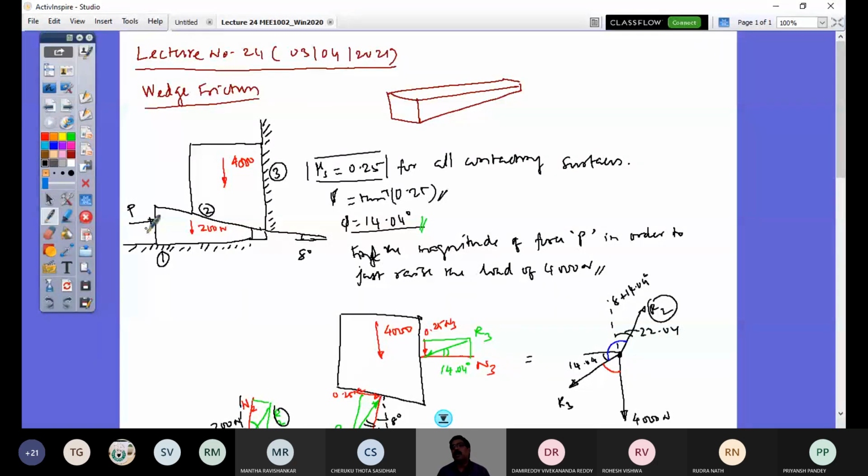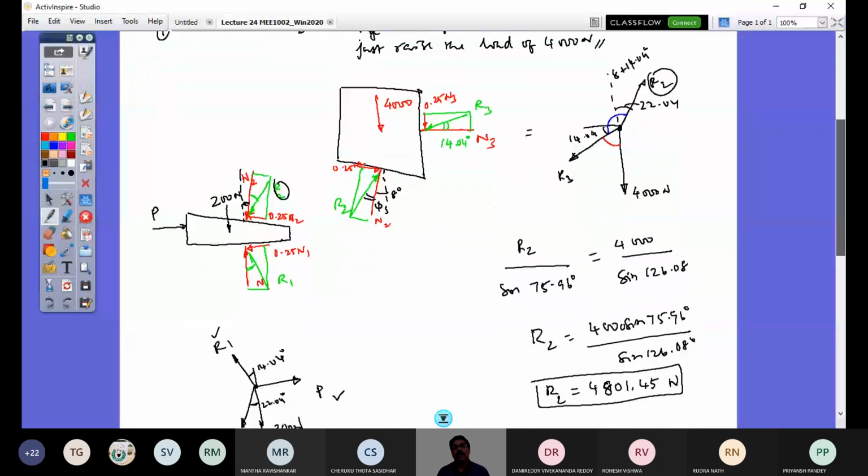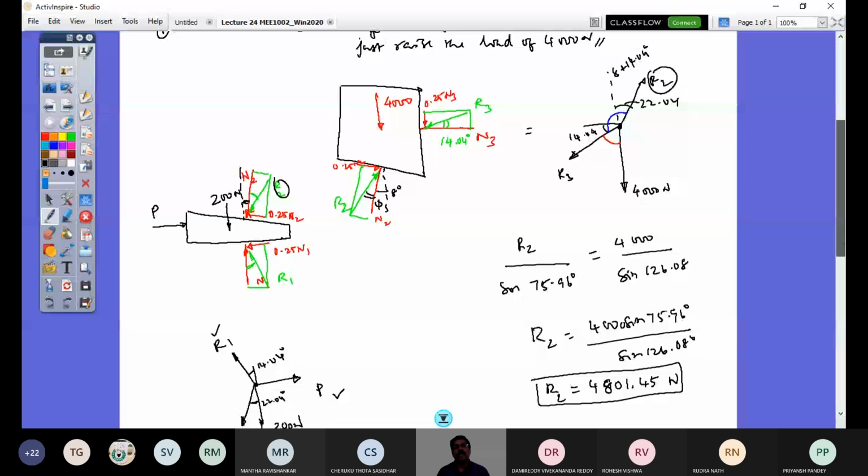That is the advantage of a wedge. Under heavy machineries, such kinds of wedges are kept. Whenever a precision alignment is required, you can apply a force on the wedge to make the adjustment in the machine or in the load.